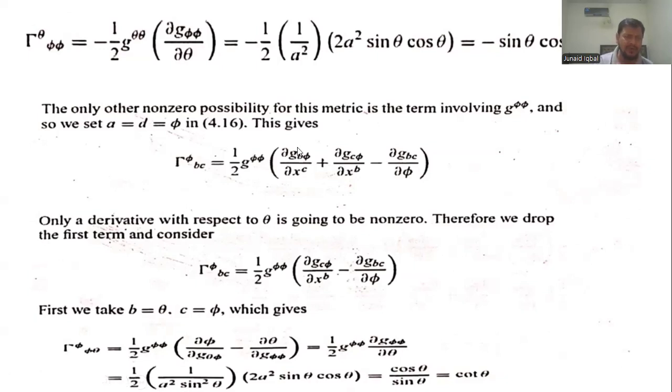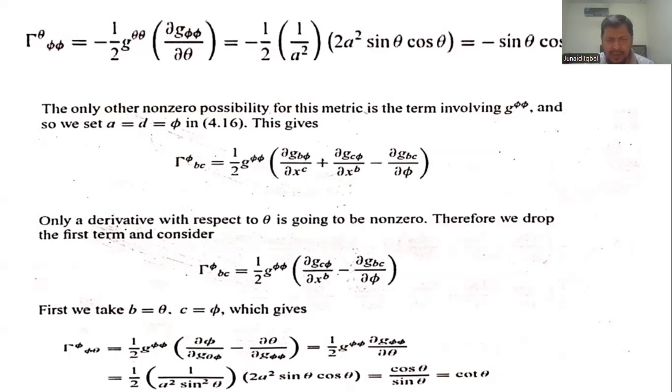Similarly, we compute other non-zero Christoffel symbols. A is equal to phi and D is equal to phi. Again, here we have these equations. You can see here, if B is equal to phi, the only derivative that is non-zero is with respect to theta.